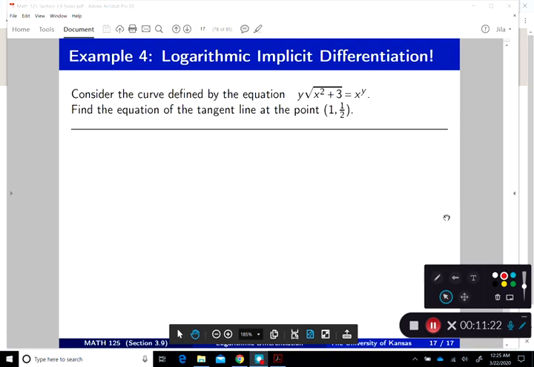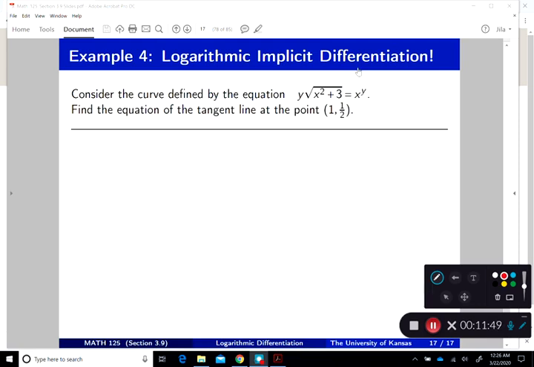Okay, now logarithmic implicit differentiation. Look at this curve. This curve has an equation where both sides have x and y, and I can't solve for y, and I cannot solve for x either. And so this becomes a logarithmic implicit differentiation.